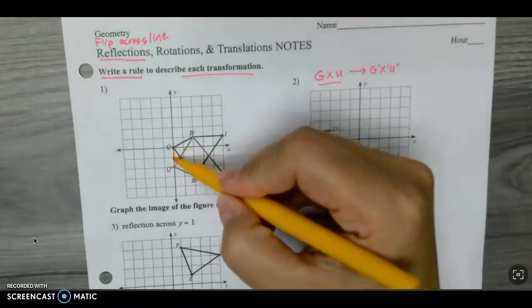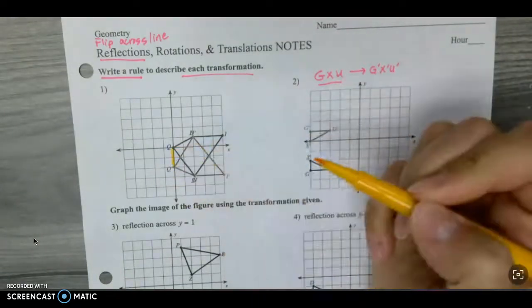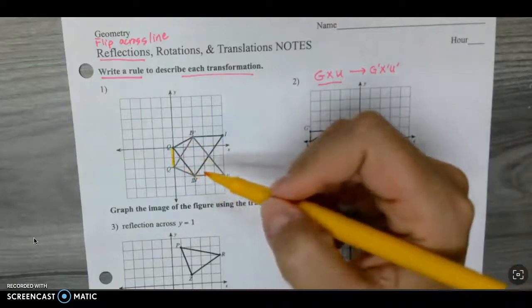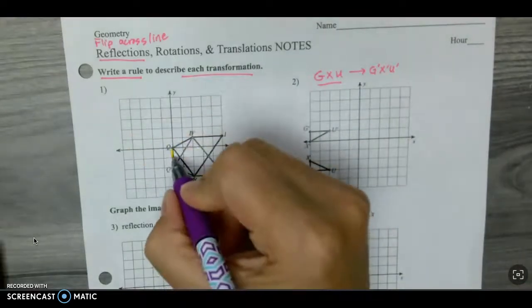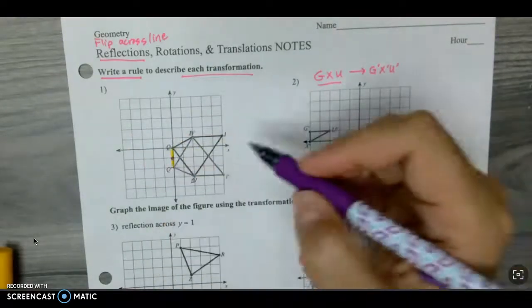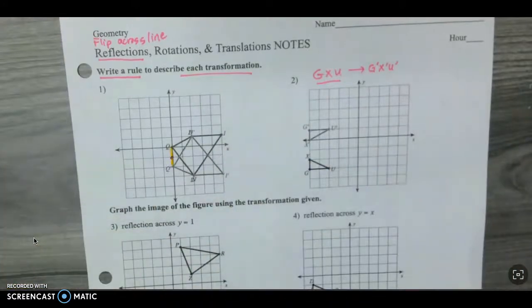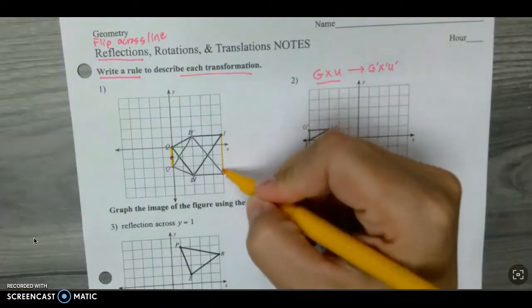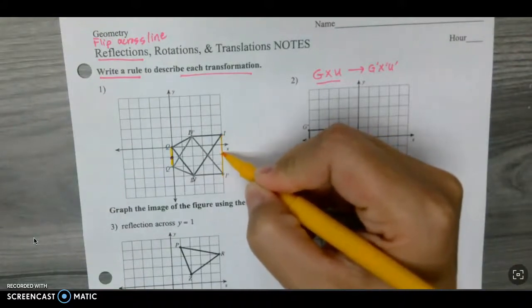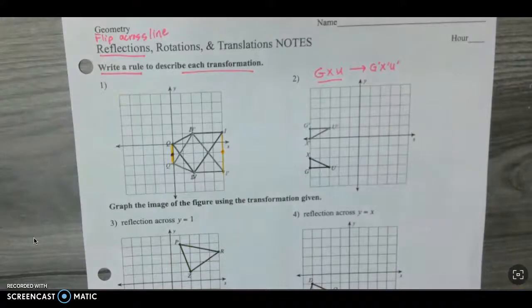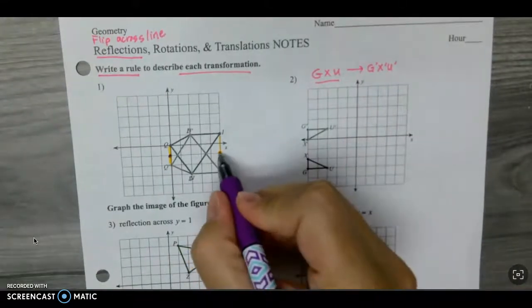You can even draw the segment between these two. And you can say, well, that segment is 2 units long. It's 2 units long. And so the line of reflection has to go right in the middle, right here. Okay? If I do the same thing with I prime, well, that is 1, 2, 3, 4 units. And so halfway through, or the midpoint, would be right in the middle here.